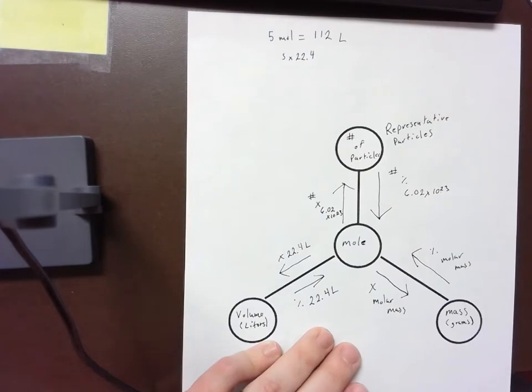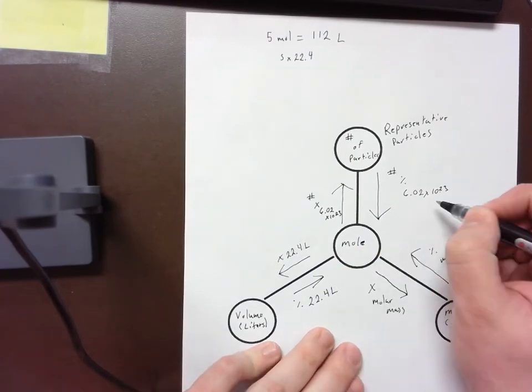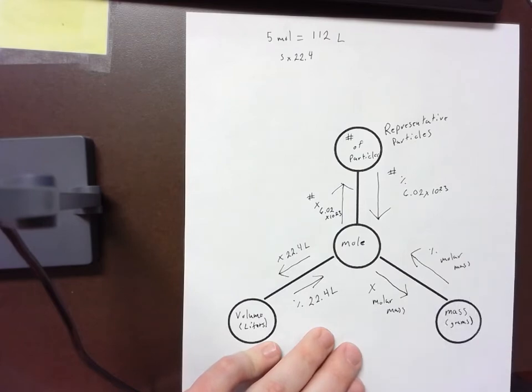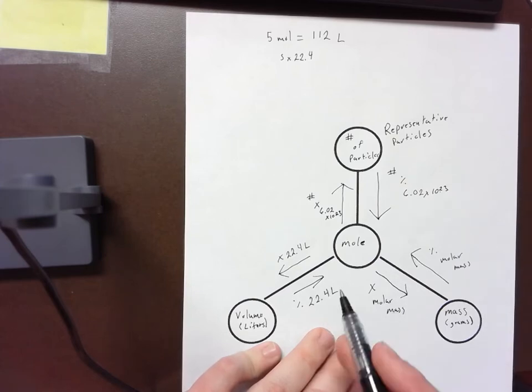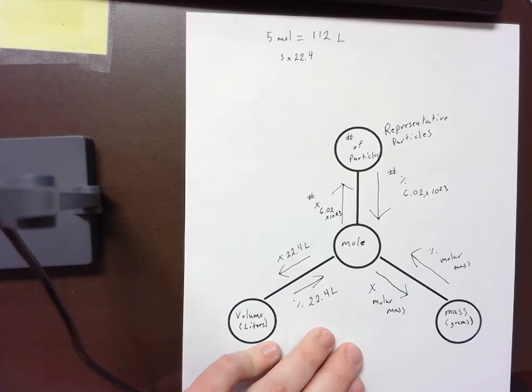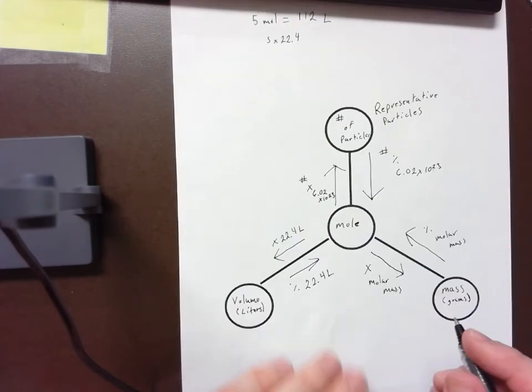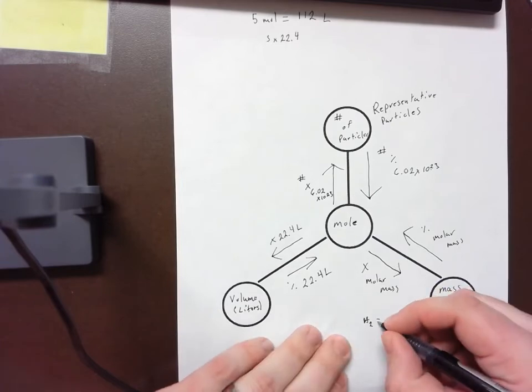If we're going from representative particles, you always do this. If you're going for molar mass, you figure out whatever your molar mass is to find the number of moles, or you find the molar mass based on the number of moles. All right, makes sense? So if it's H2, that's going to equal 2 times 1.